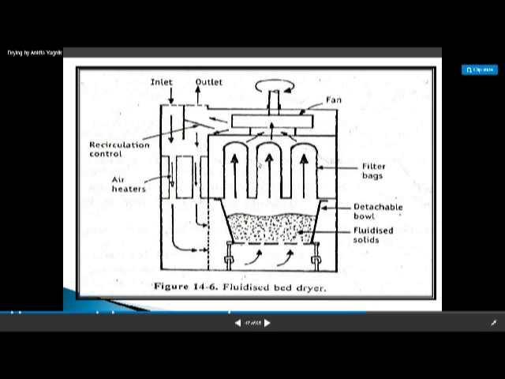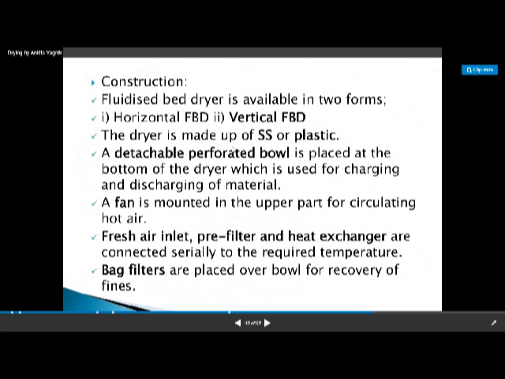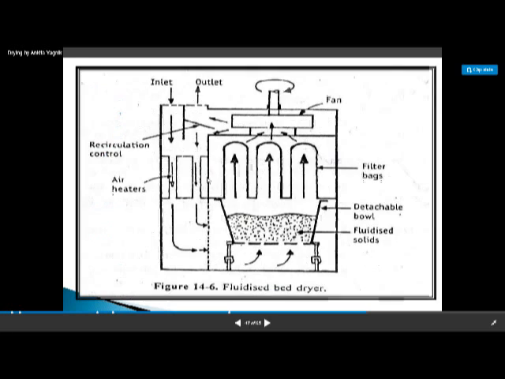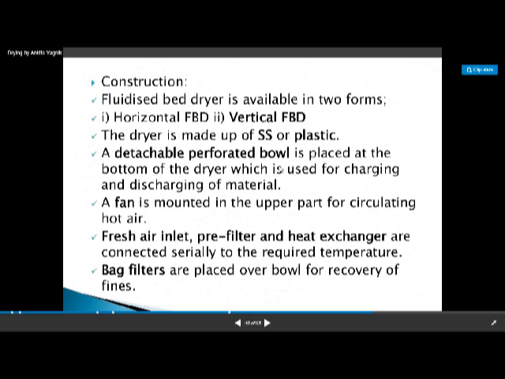You can get it, right? Now here you can see the construction. For the fluidized bed dryer, there are two forms: one is a horizontal fluidized bed dryer and one is a vertical. The diagram here is a vertical FBD, and horizontal is also there. The dryer is made up of stainless steel or plastic.